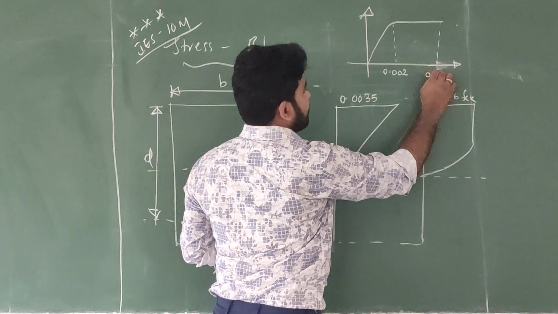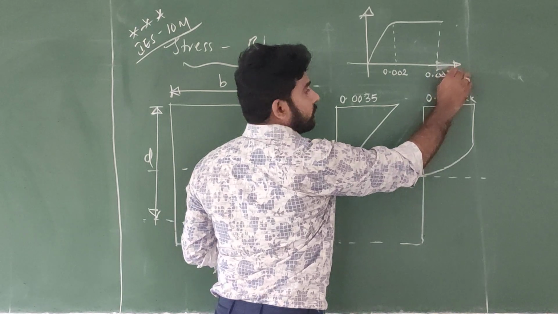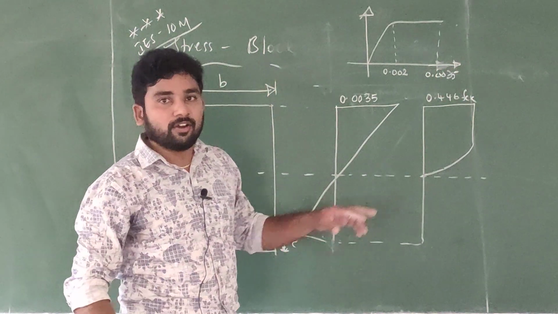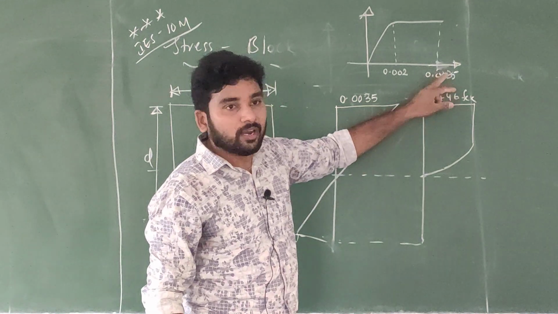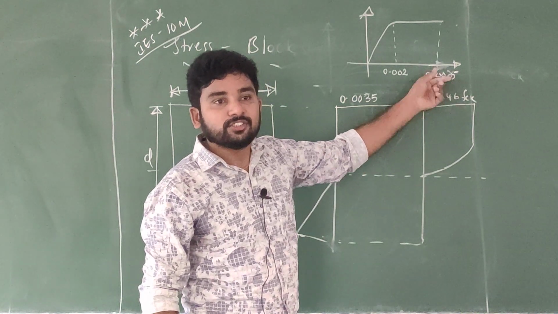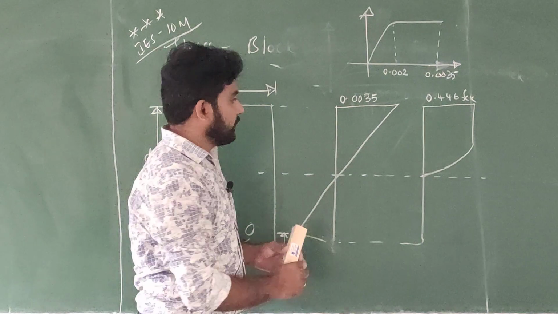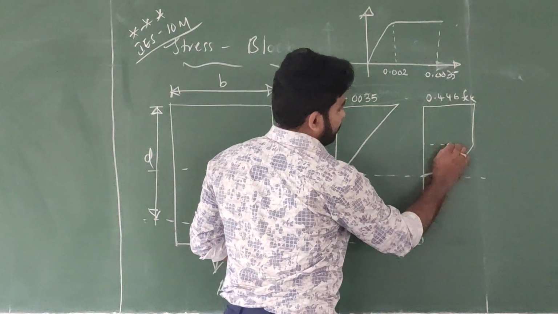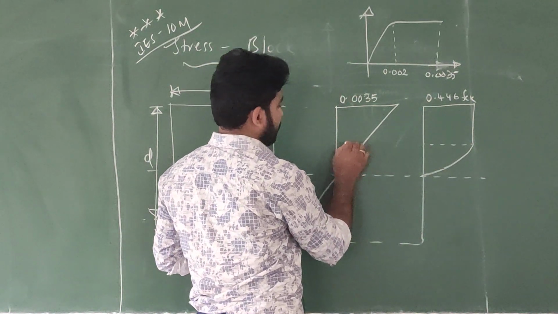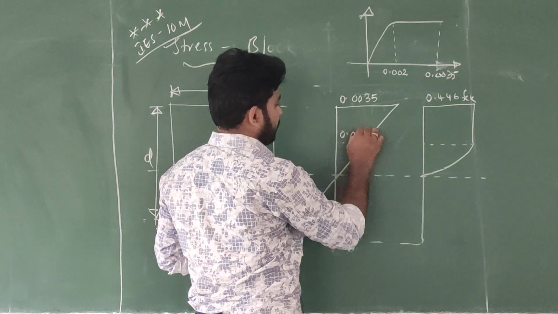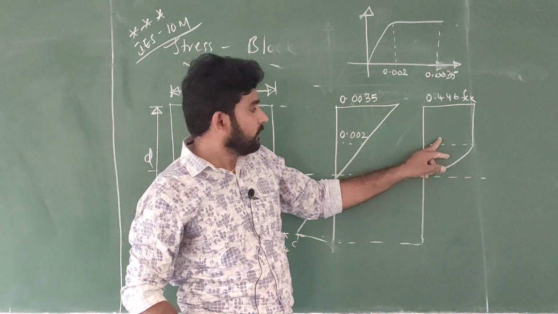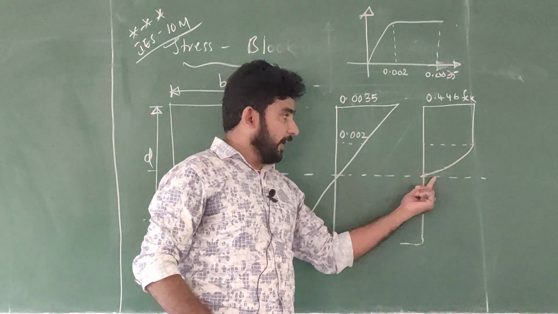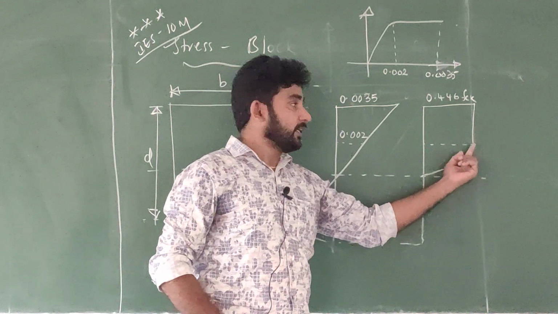This is at a strain of 0.002 and this is a strain of 0.0035. Now tell me, at these strains the curve will be a parabola up to this limit.